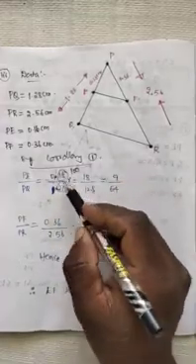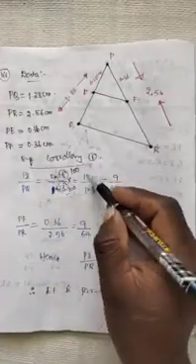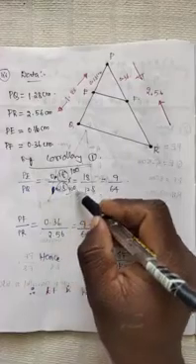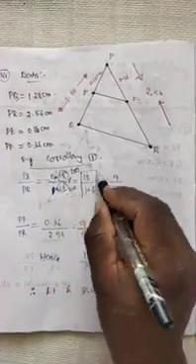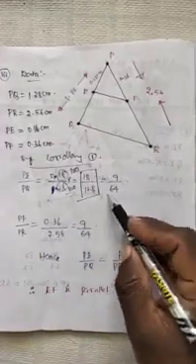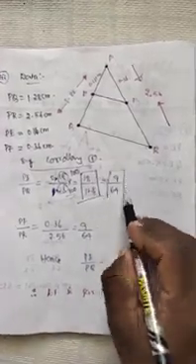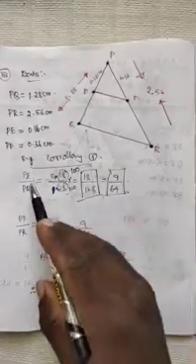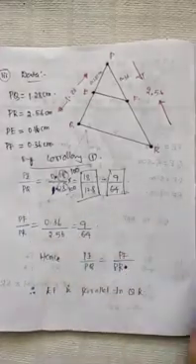We get 0.18 into 100 is 18, and 1.28 into 100 is 128. By simplification, 2 9s are 18, 2 64s are 128, so the simplest form of PE by PQ is 9 by 64.